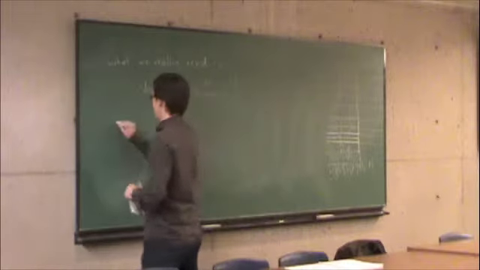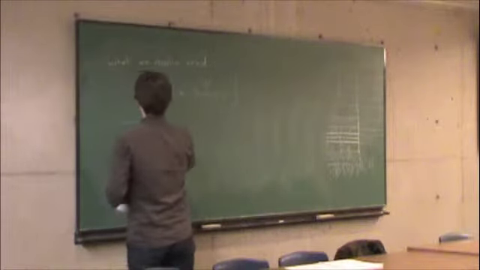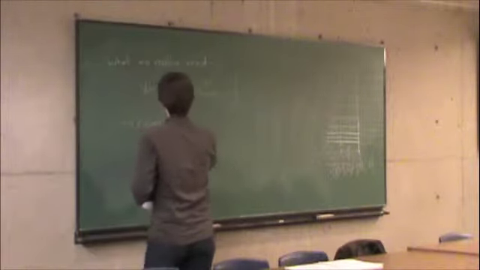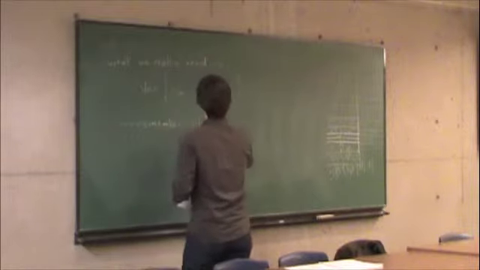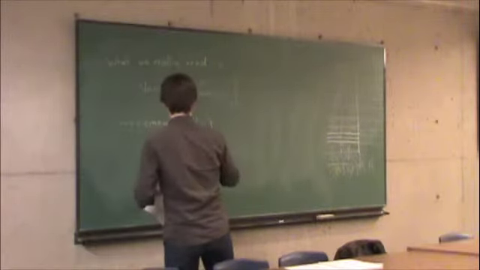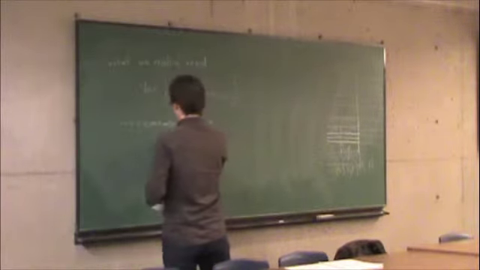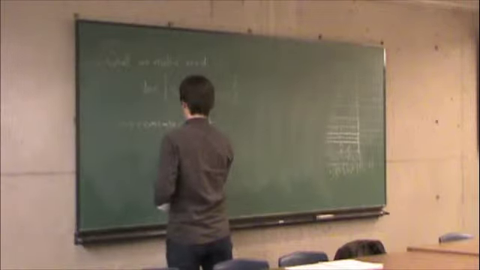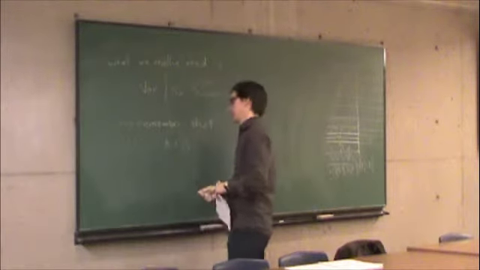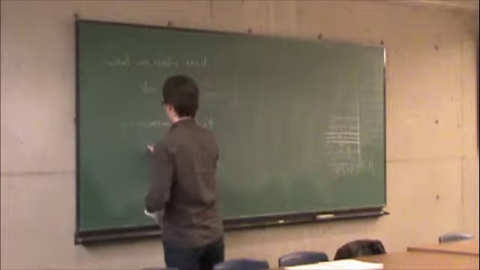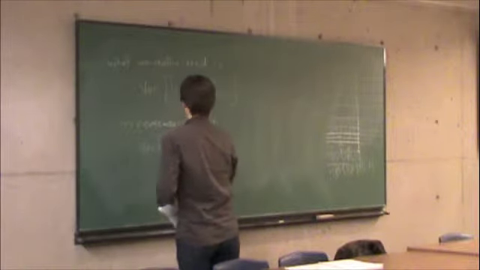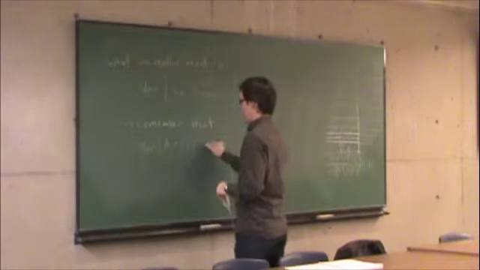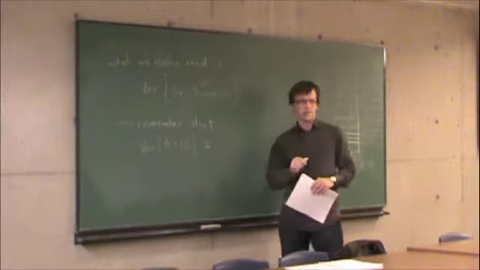Remember that if I have random variables A and B, and I have A plus B, and I want to know the variance of A plus B, if A and B are independent, what is that?